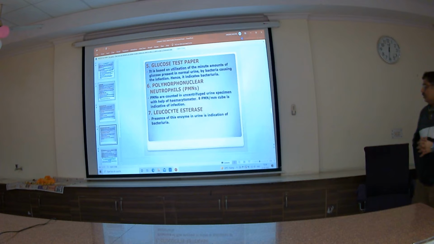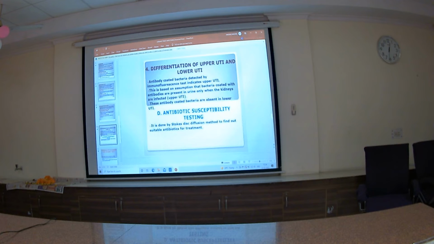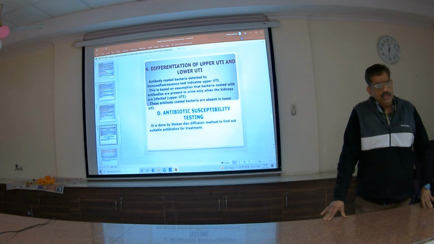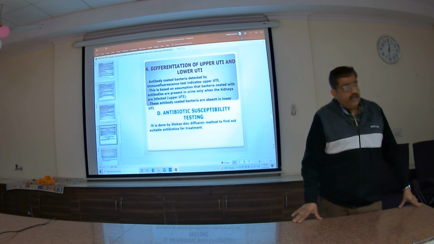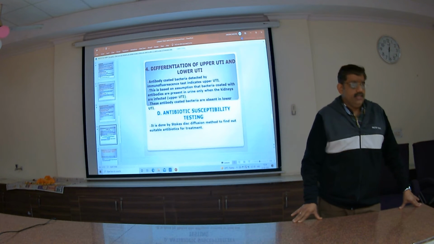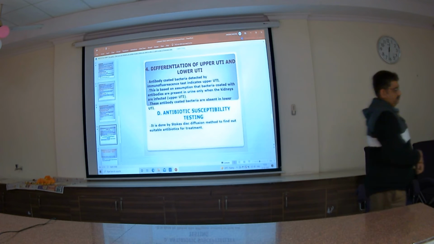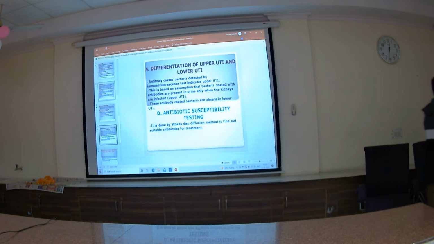Also, detection of lipopolysaccharide endotoxin in urine specimen is indicative of infection with gram-negative bacilli.